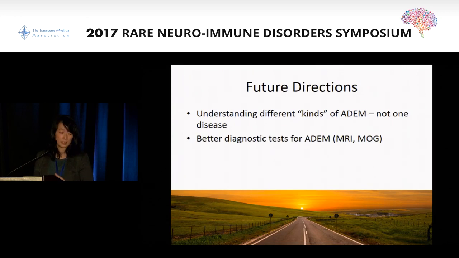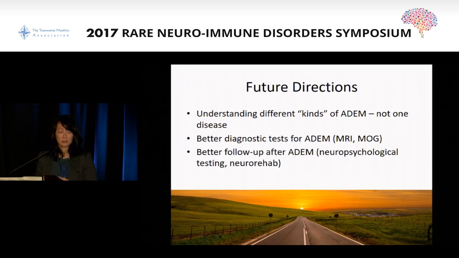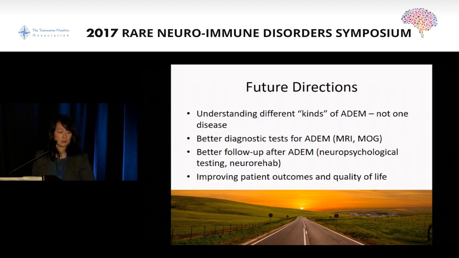We're using MRI better, and we're testing for certain antibodies that may have some role in predicting relapse risk. And we're hopefully making follow-up better, so that we actually get objective data about how children and adults do after ADEM. And all of this is in service of our grand goal, which is to improve quality of life and patient outcomes for everybody who gets these conditions.